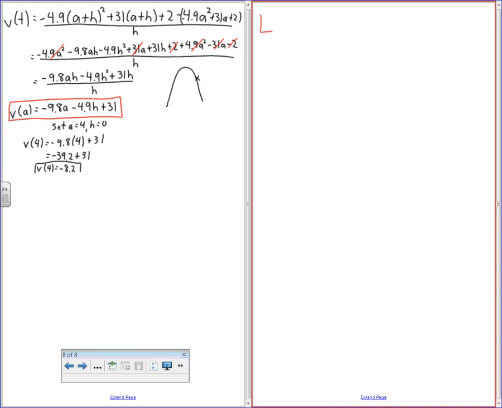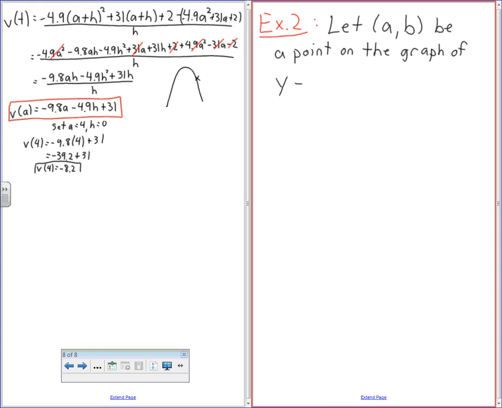Example 2. Let A and B be a point on the graph of y equals 1 over x.